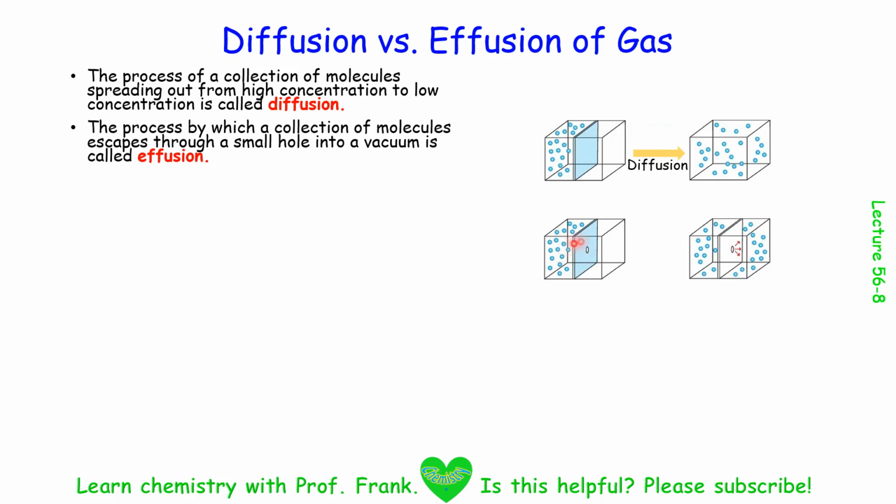The gas particles or molecules can only pass through that tiny hole and migrate into the low concentration zone until the concentration in this chamber, the red chamber, equals the concentration of the gas in the left chamber.